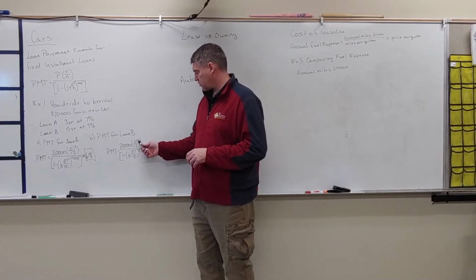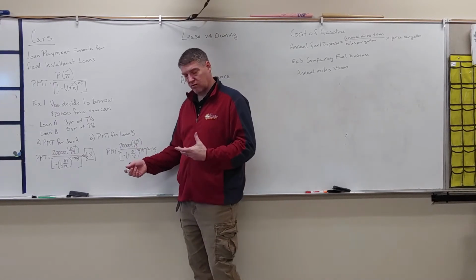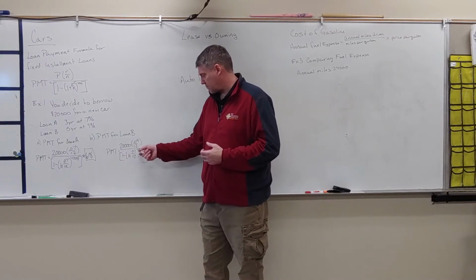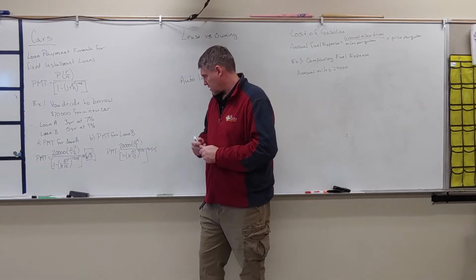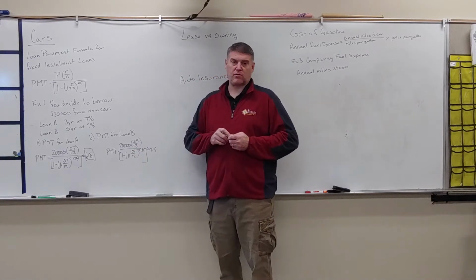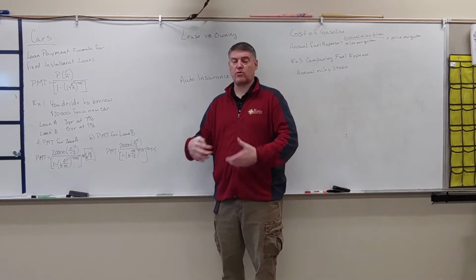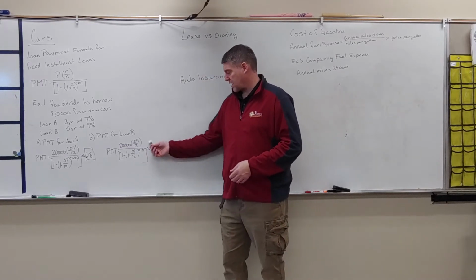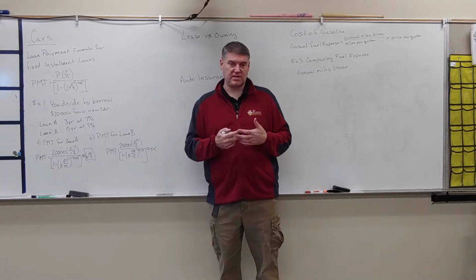So I put in 0.09 divided by 12, with the same formula on the bottom, negative 12 times 5. So I end up paying for another 24 months. And because I'm paying for a longer time, my payment now is $415.